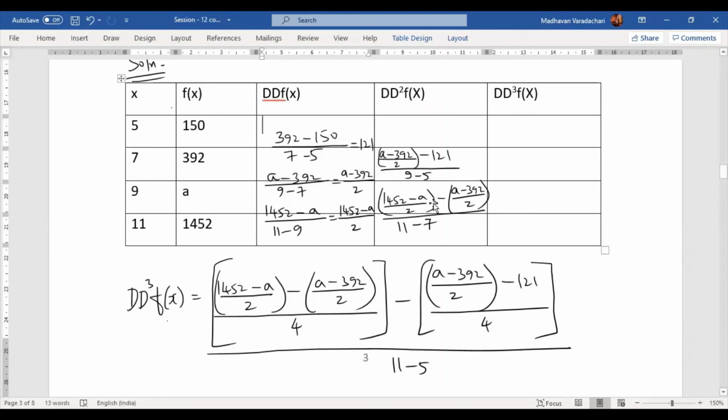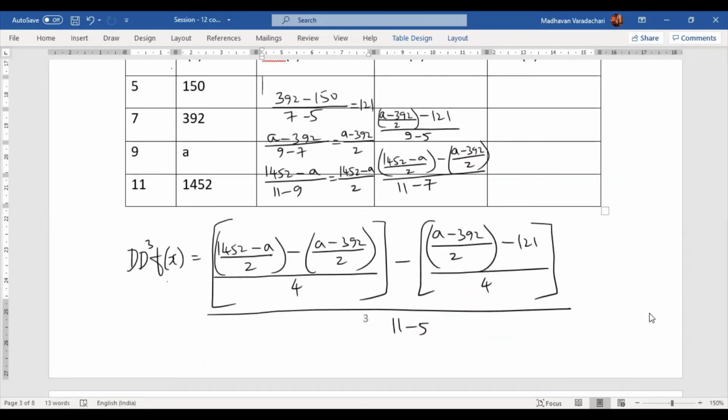When you come to the last one, you equate it to 0. So when you equate it to 0, this entire term becomes 0.